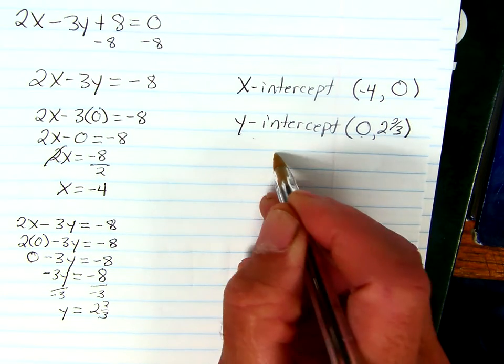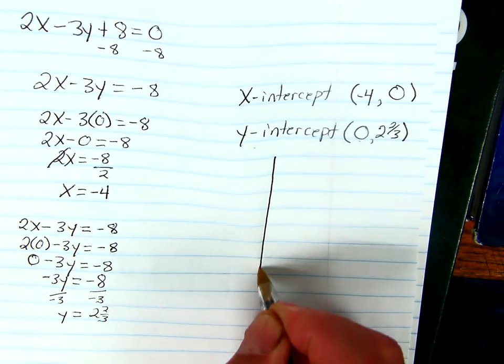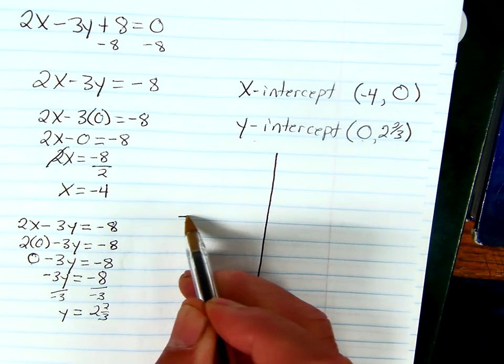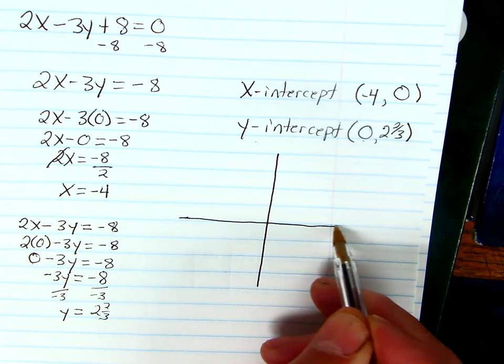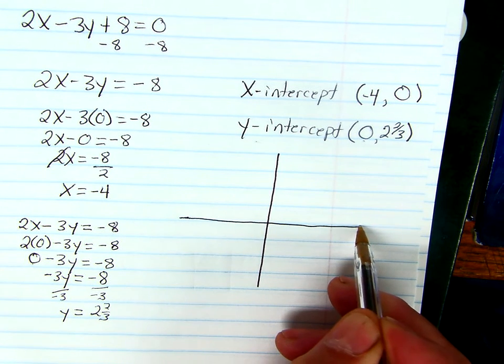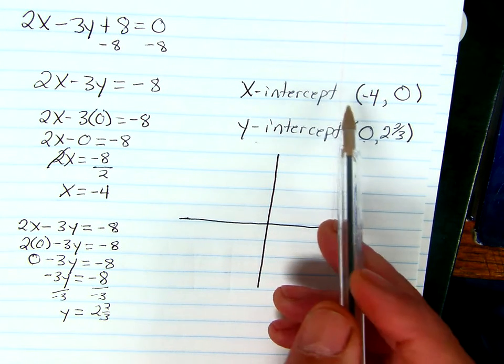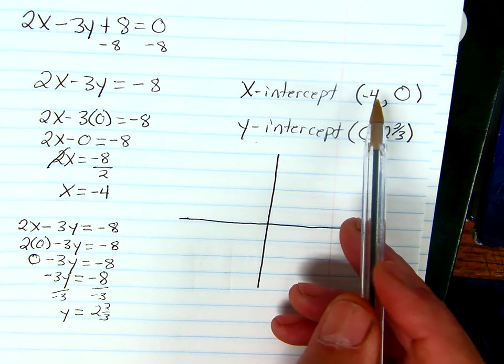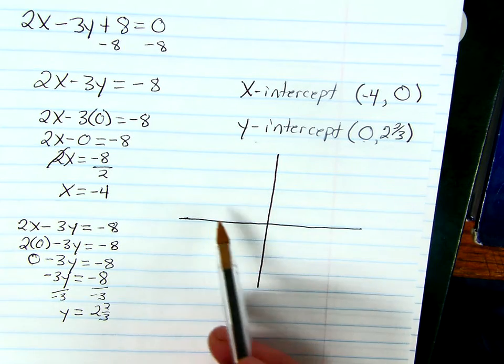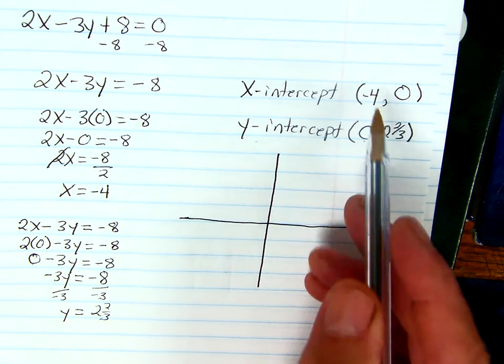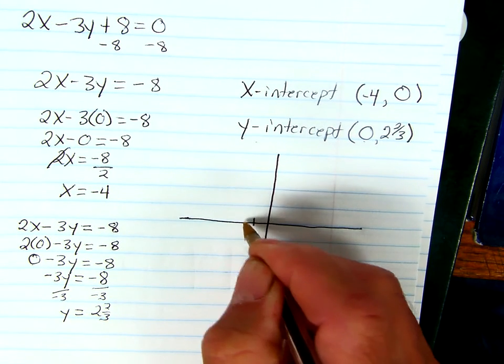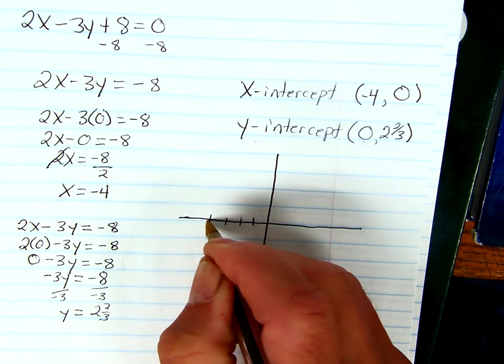So what's the big deal about this anyway? Well, here's the big deal. This makes it easy to graph. I need to plot a point for the x-intercept. That means it's going to be on the x-axis and it's going to be at negative 4. So 1, 2, 3, 4.